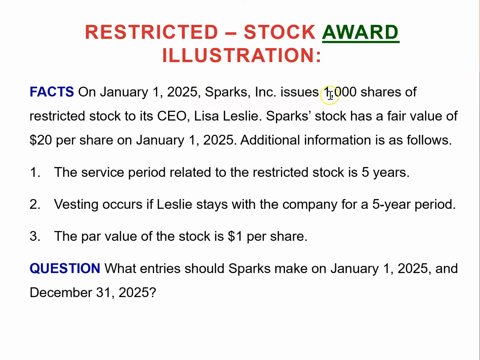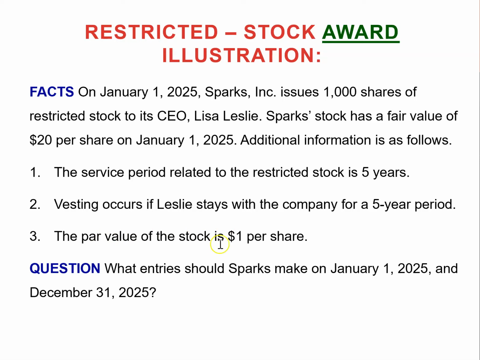Sparks issues 1,000 shares and gives them to the CEO Lisa Leslie, and Sparks stock has a fair value of $20 per share. The service period is 5 years, and vesting occurs if Leslie stays with the company for 5 years. If Leslie leaves the company before 5 years, the stocks will be forfeited.